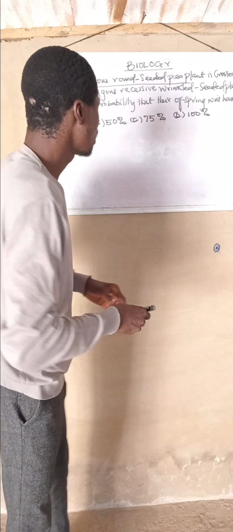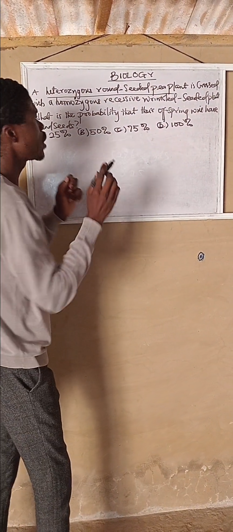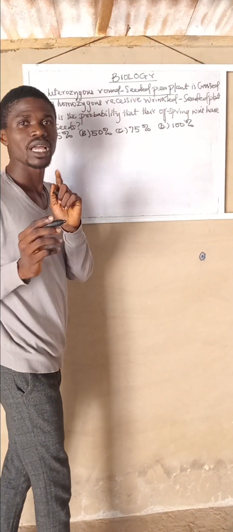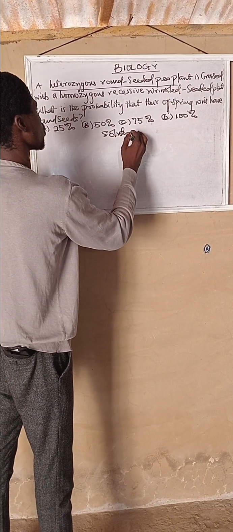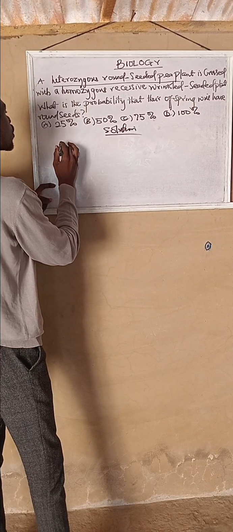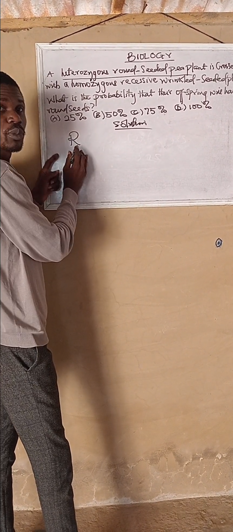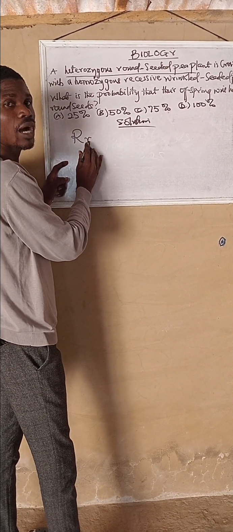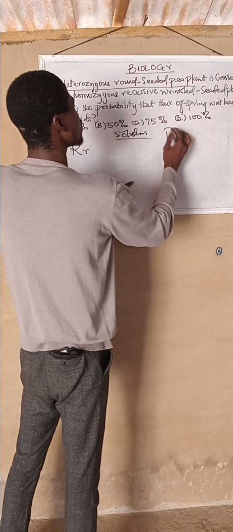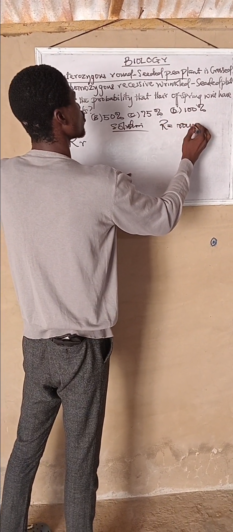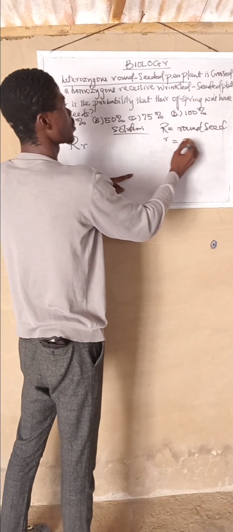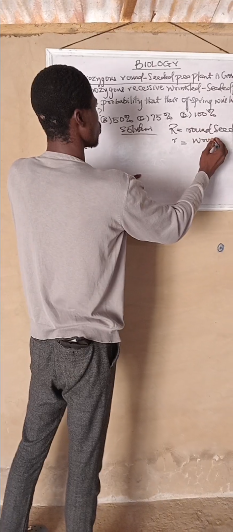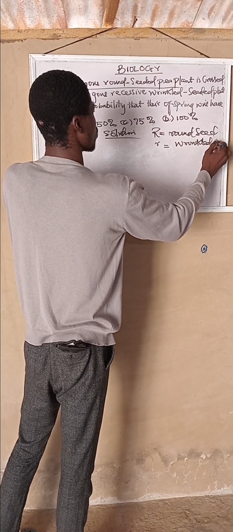Now, in this sense, we are going to make the gene to be R. For the heterozygous, we are going to have the dominant R and the recessive r. The dominant R represents the round seed, while the recessive r represents the wrinkled seed.